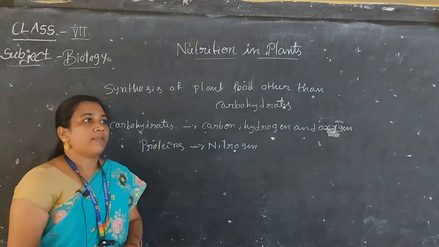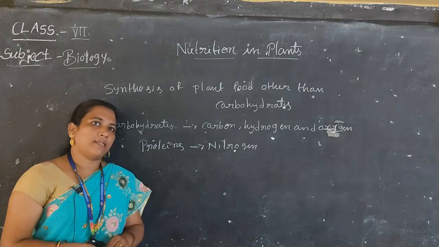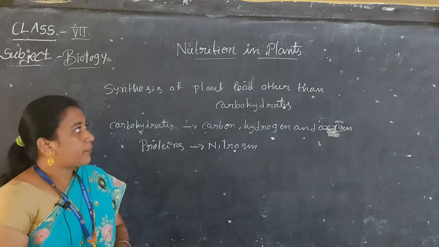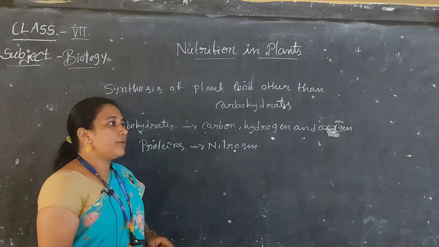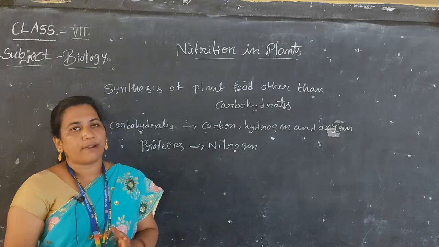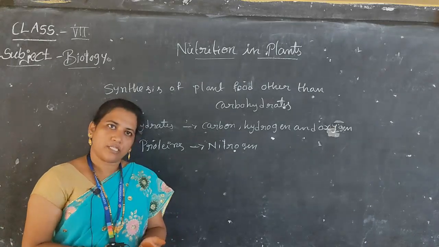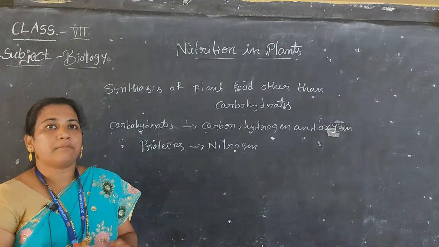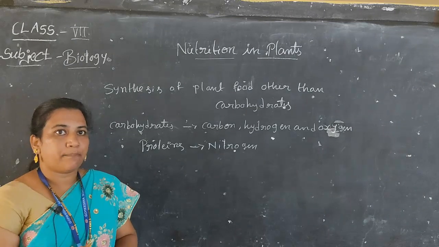Does it mean we can get only carbohydrates, only glucose, from the plant? No. We are getting some proteins also from the plants, yes or no? So different types of nutrients are required for our body growth and development: carbohydrates, proteins, fat, minerals, vitamins.